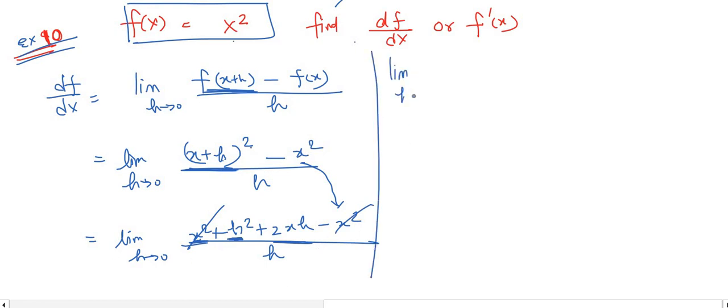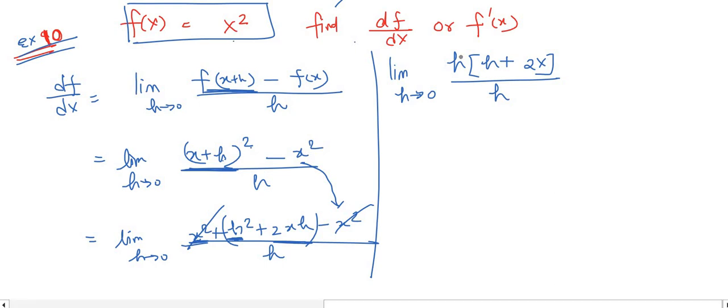I think limit h is tending to 0, is anything common, do you think? I think h is common. So what I will get here is h plus 2x by h. Correct?